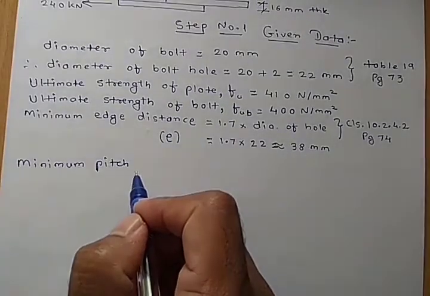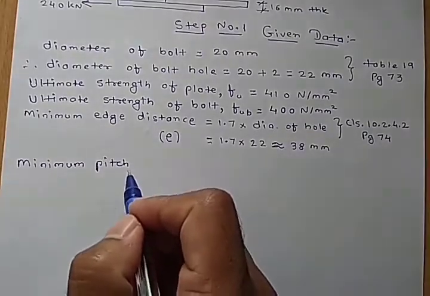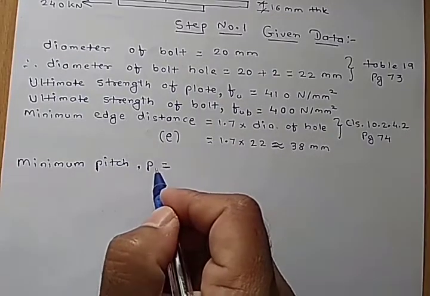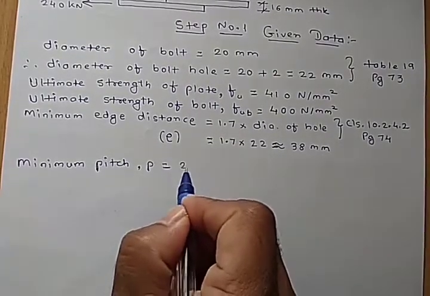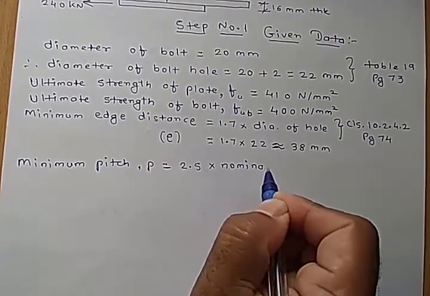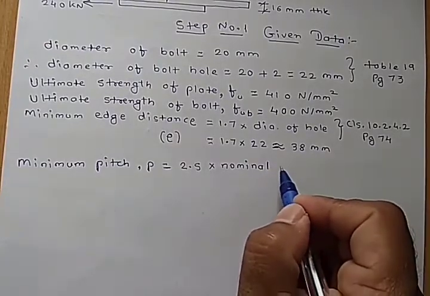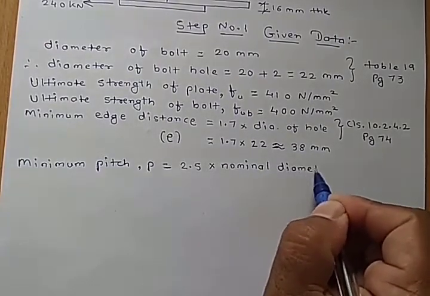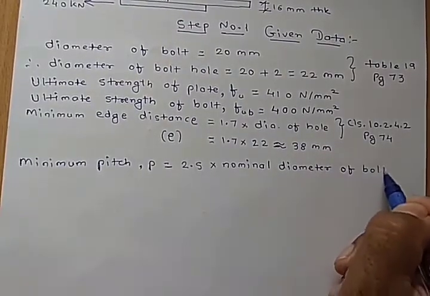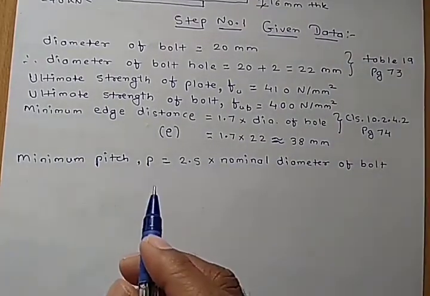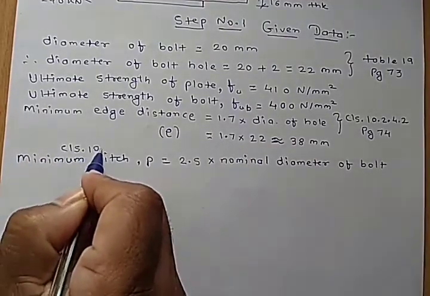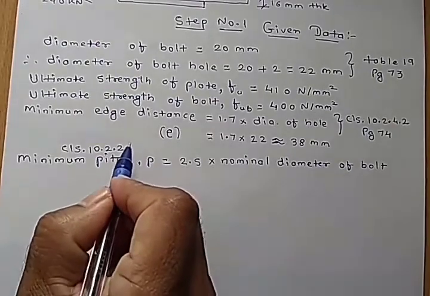We have gone through what exactly the clause says, and therefore the minimum pitch can be calculated accordingly. In our case, 2.5 into 20, and that is equal to 50 mm.